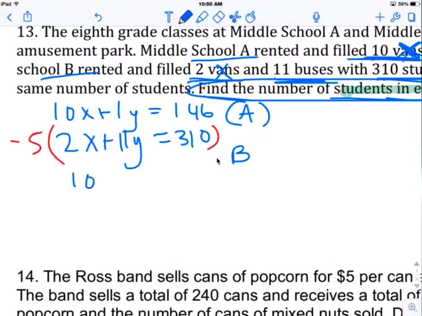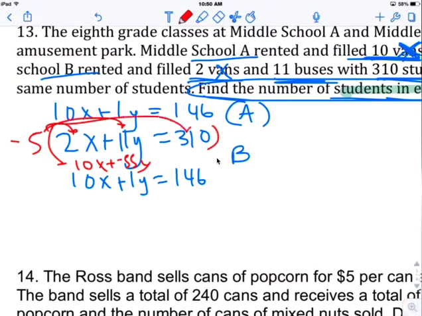Let's write the 10x plus 1y equals 146, and this is negative 10x plus negative 55y equals negative 1550.